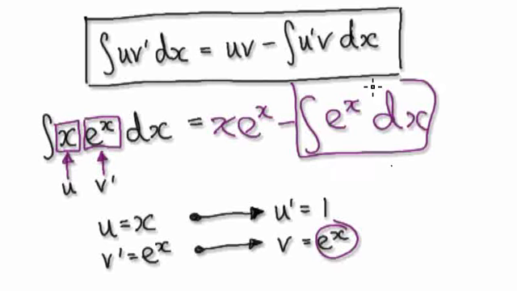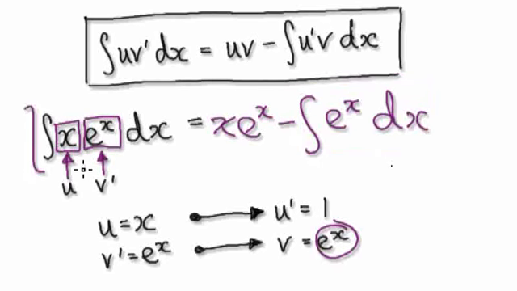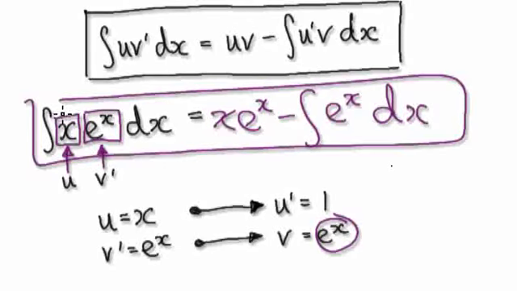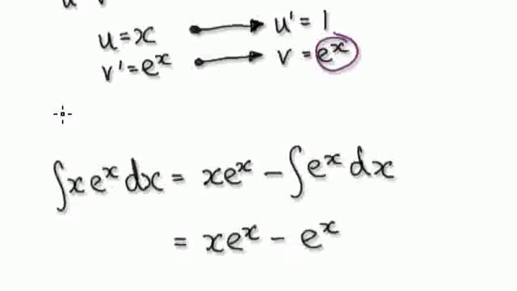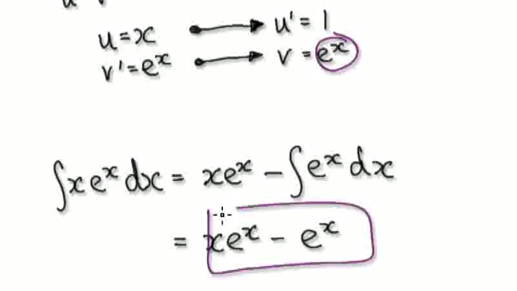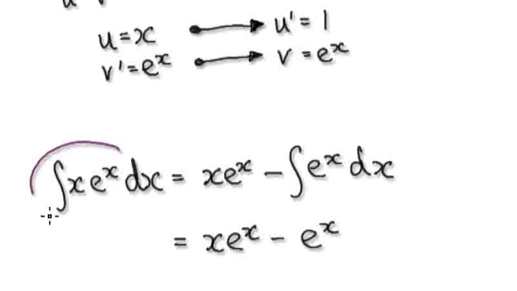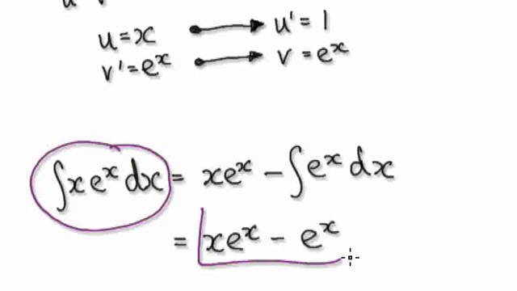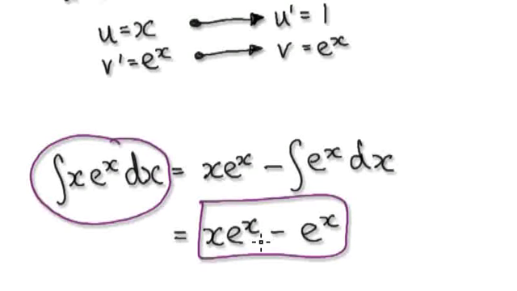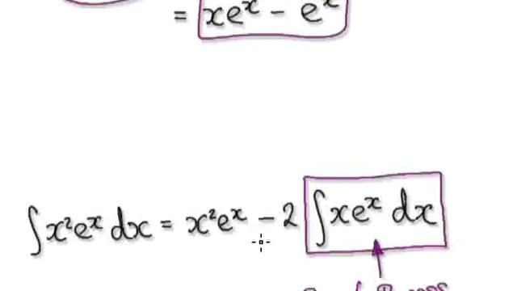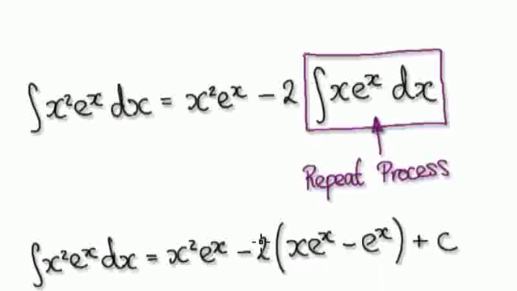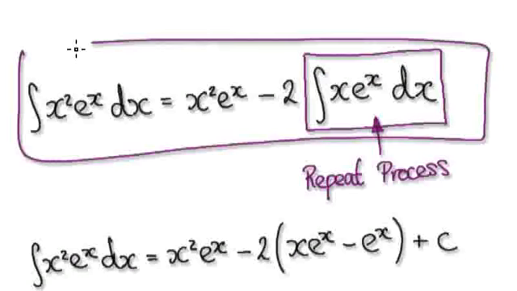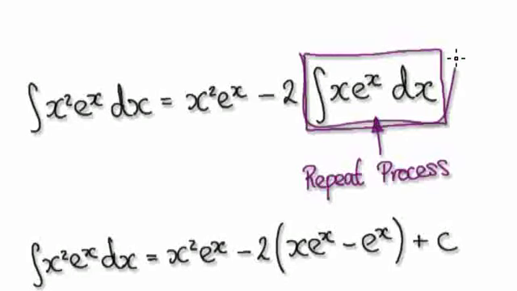So now we can integrate this easily. So from here we would get to here. This part only integrates to this bit here. So earlier we got to this stage here, and then I said repeat the process on this part only.